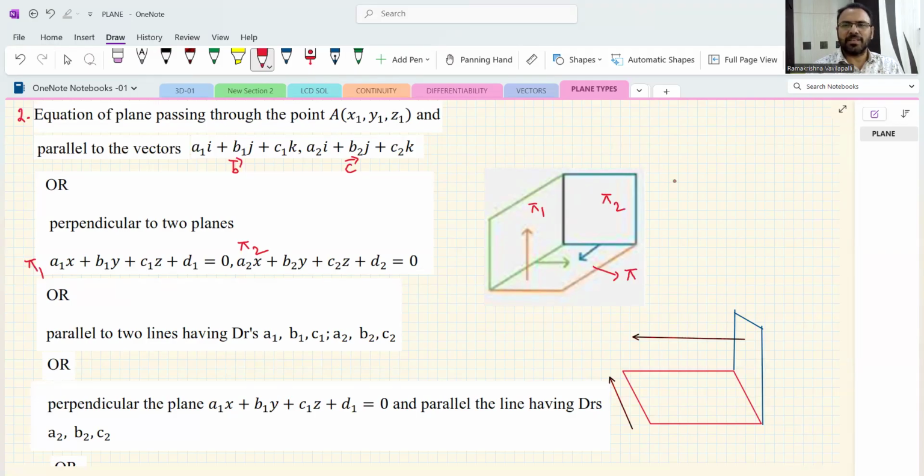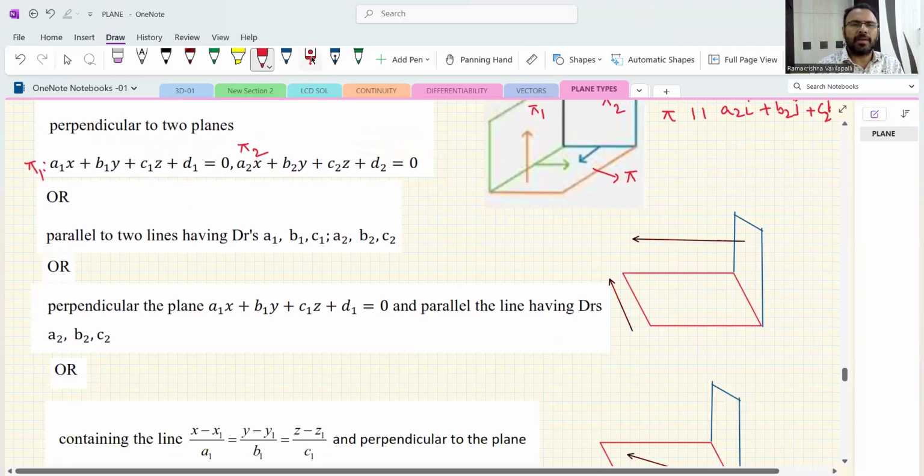So the required plane is parallel to the normals of both the planes. What is the normal to plane 1? The normal to plane 1 is A1 i plus B1 j plus C1 k. And the plane is also parallel to A2 i plus B2 j plus C2 k. Whether they give the vectors the plane is parallel to, or they can give perpendicular to two planes.